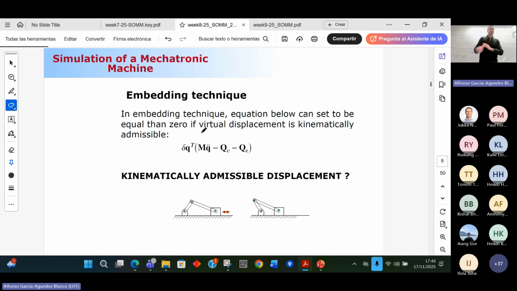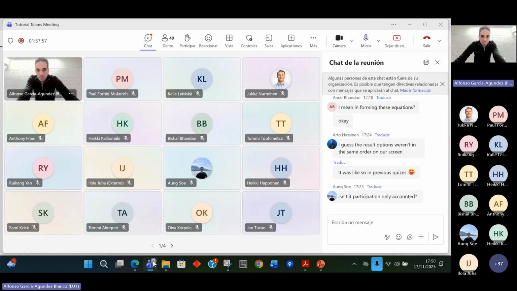So if you have this crank slider mechanism, you cannot move, for example, this piston, this block, as much as you can. You will have a constraint that is depending on, for example, the crank angle, okay? So you need to fulfill the constraints, and those are kinematically admissible displacements, okay? Did you understand that? Yes? Students online? Yes?